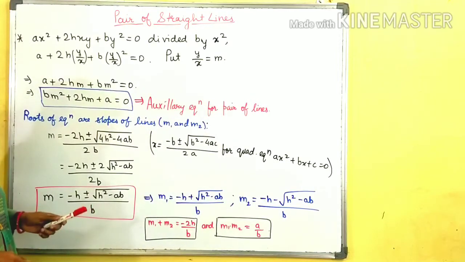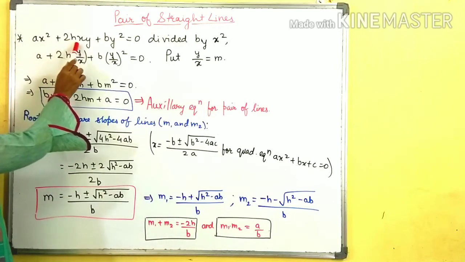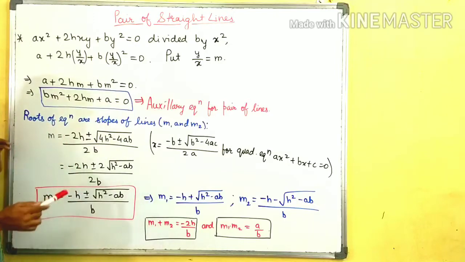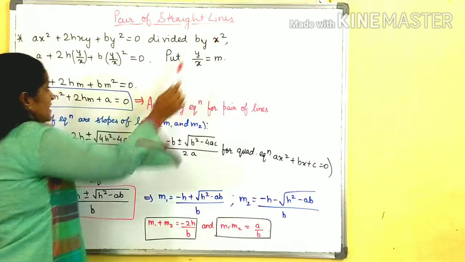Now there are some conditions for the equation of a pair of lines. We have the standard equation of lines as ax square plus 2hxy plus by square equals 0. You divide that equation by x square.